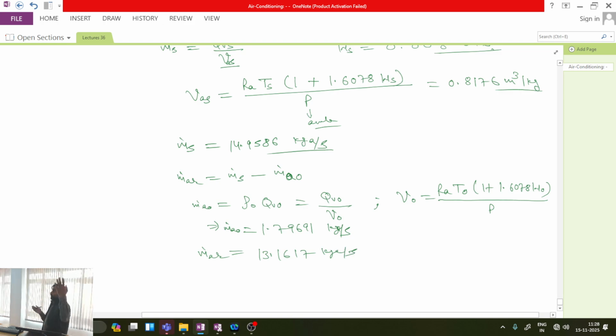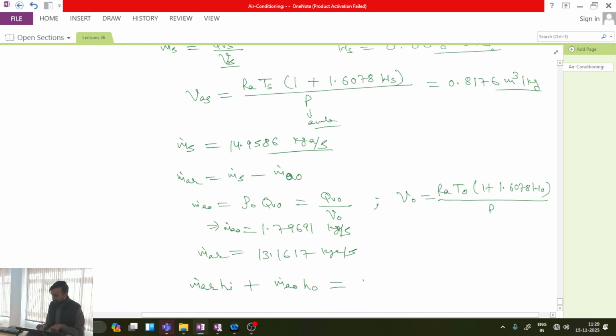Now if you have not used graphical way, you know all the masses, how much is recirculated, how much is this. Now just by doing energy balance you can calculate state 1. How? M dot AR is coming with which state? State I. Recirculated air comes from the room and it comes at state I, plus m dot A naught is coming with which state?